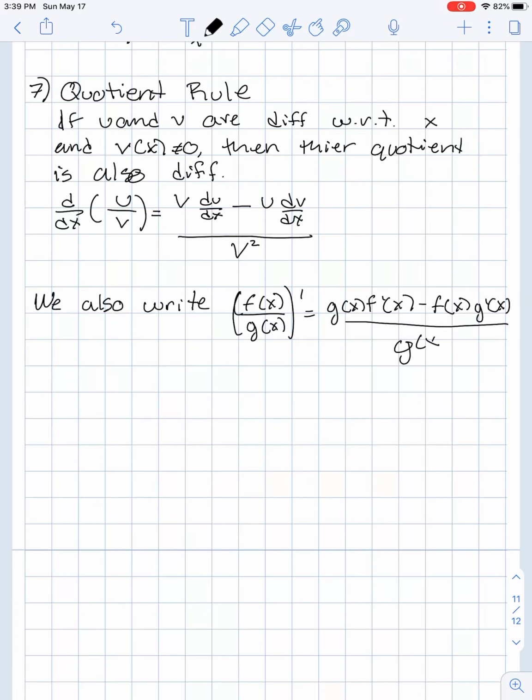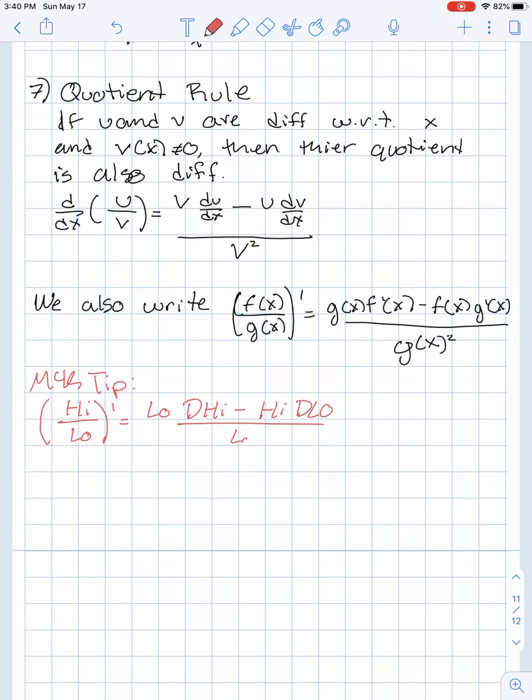I know this is not how you spell high and low, it's just cuter with 2 letters. So its derivative is going to be low d high minus high d low, over low squared. Low d high minus high d low over low squared. Right?